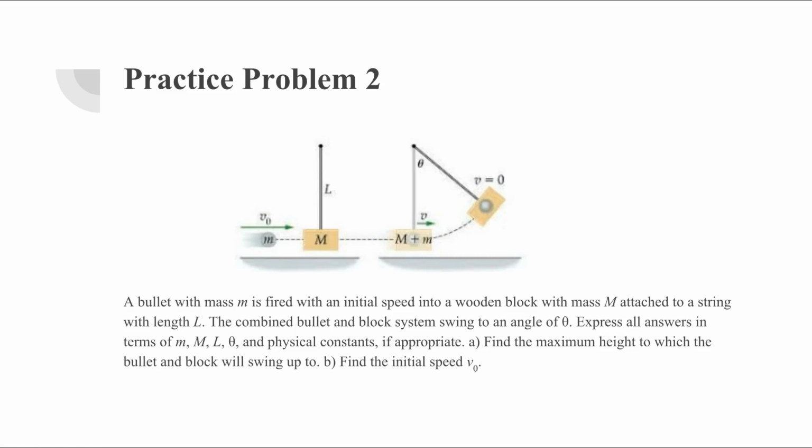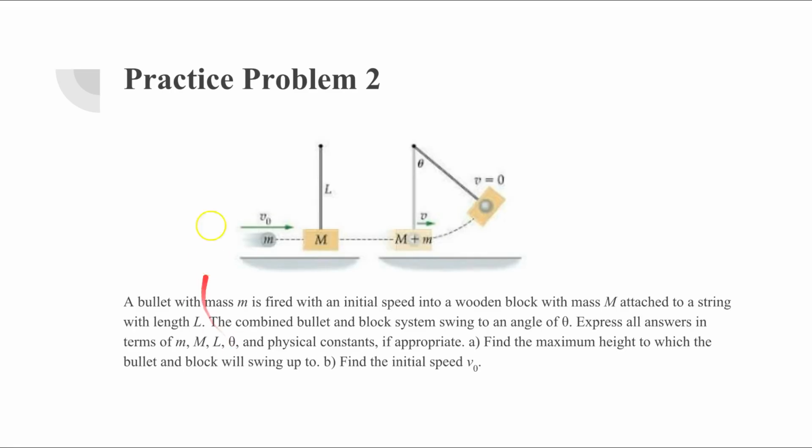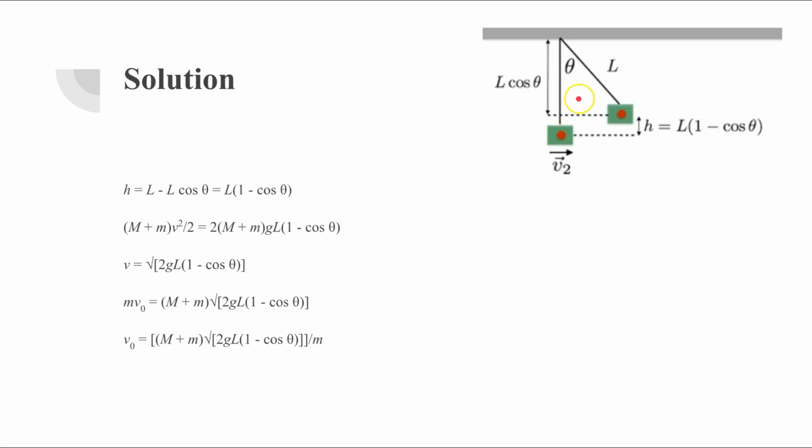So part A, find the maximum height to which the bullet and block will swing up to. If you want to do that, we just invoke the same strategy as before. It will swing up to here.